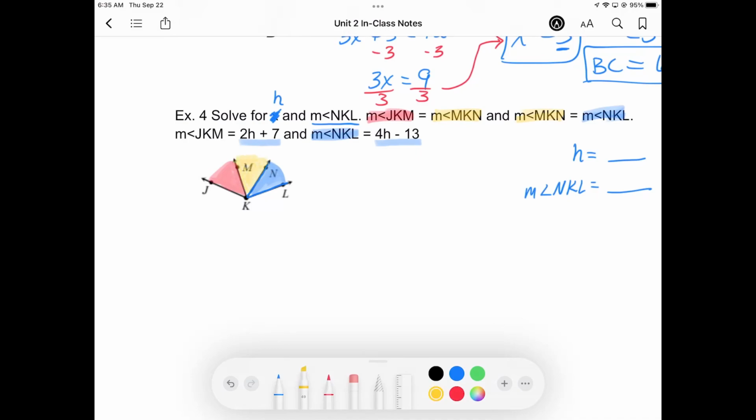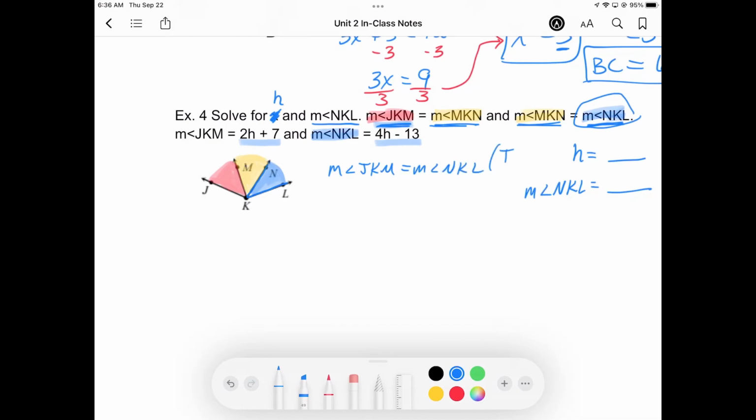But all three of those pieces are actually equal to each other because of the transitive property. JKM can transfer its equality through the common angle MKN to the final angle NKL. So I can say the measure of angle JKM has to equal the measure of angle NKL.